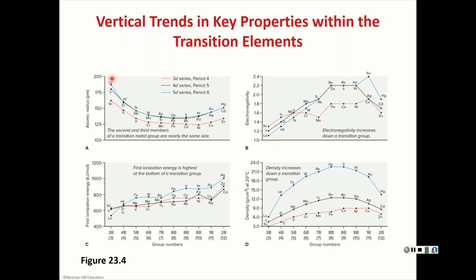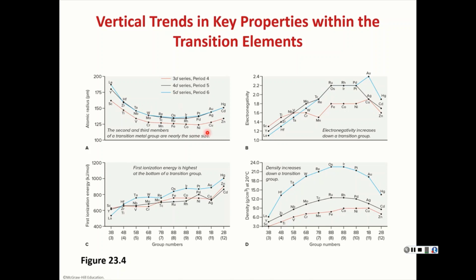If we look within a family, though, red is the 3d series, or 4th row, black is the 5th row, and blue is the 6th row. You can see there's a big jump between red and black, but not very much of a jump between black and blue for atomic size, if we're looking at just families.